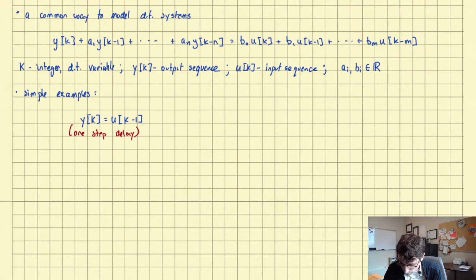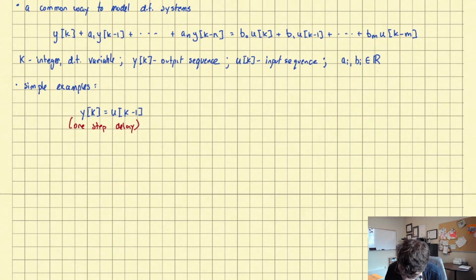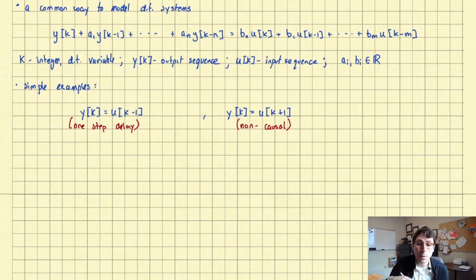Now there's another system we could write here, which does not fit the form above. This is not an instance of that general equation. It's actually a non-causal system. The output at time k depends on the input at the next time step.